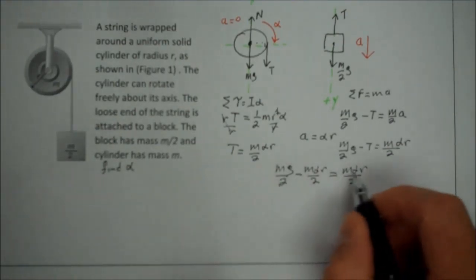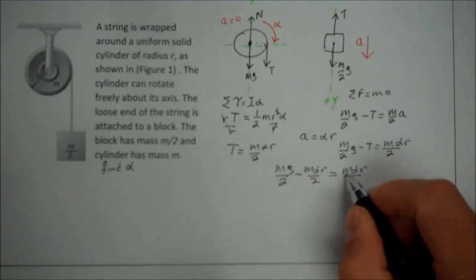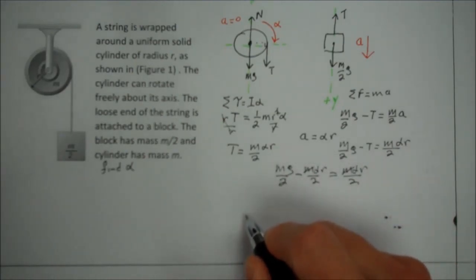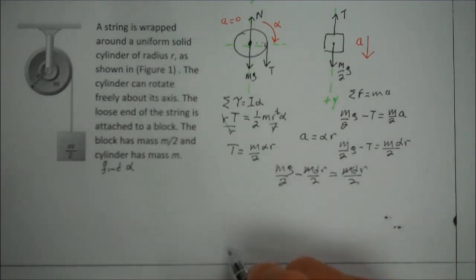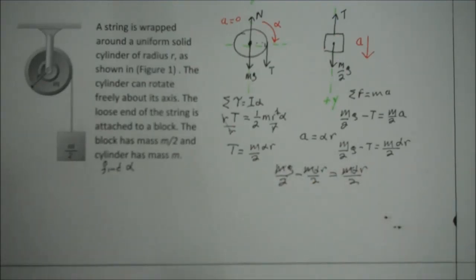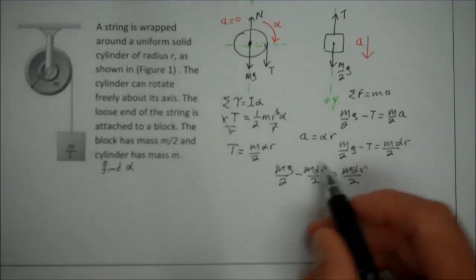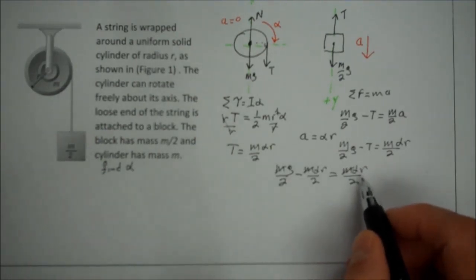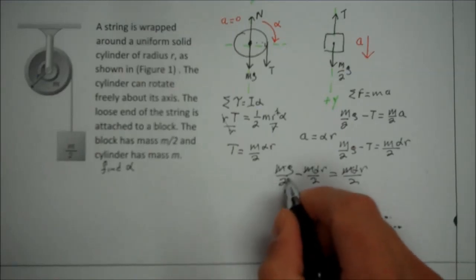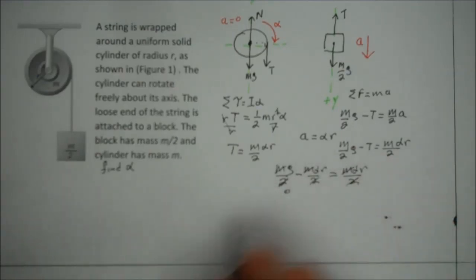And now it's algebra. I can see also now that my m's are all going to reduce, and put all my alpha R's on the one side. Everything is divided by 2, that reduces.